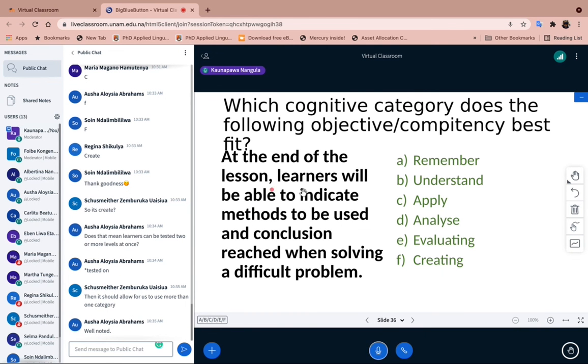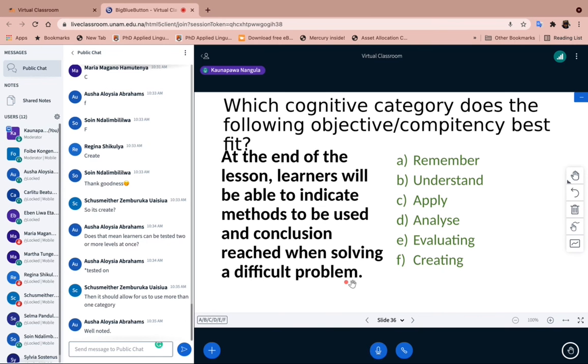At the end of the lesson, learners will be able to indicate methods to be used and conclusion reached when solving a difficult problem. Again, this is another example that makes it a little more complex in deciding where it falls, because there's always the 'and' part. So which one do you think? This one kind of falls within one category anyway: indicate methods to be used and indicate conclusion reached when solving a difficult problem.